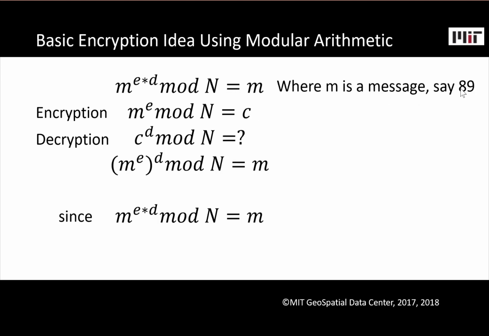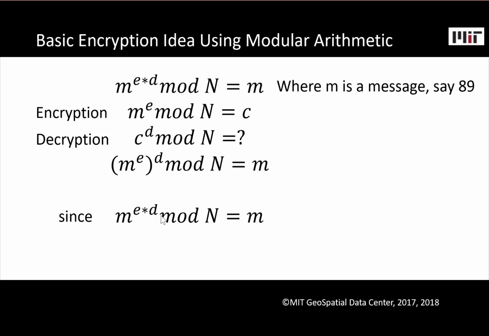We take m as, say, 89, and E is just some prime number that we raise it to that power, and now we've got an encrypted message. Now the wonderful thing is that we can choose a D that when we raise this encrypted message to that power mod n, we get the message back.